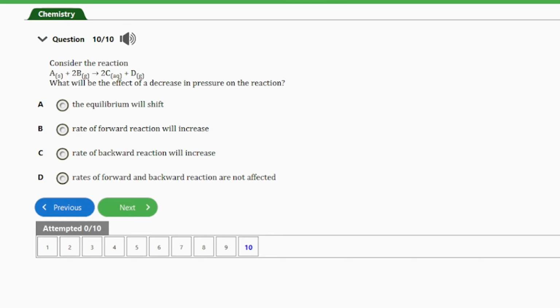So we have 2 moles of the gaseous substance at the reactant side, whereas the gas at the product side is just 1 mole. So a decrease in pressure, guys, will therefore shift the equilibrium to the side with more moles of gas in order to increase the pressure again. So guys, this will therefore lead to an increase in the rate of the reverse or backward reaction.